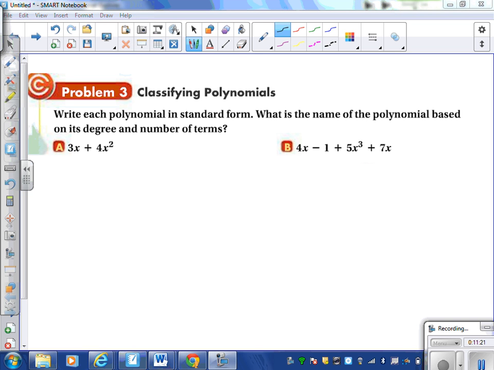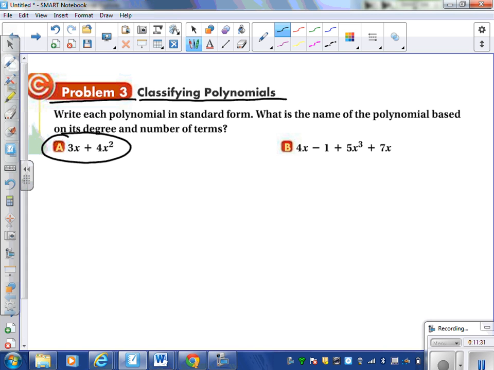Let's take a look at problem number 3. Classify polynomials. When you're given the equation 3x plus 4x squared, you want to classify this equation.